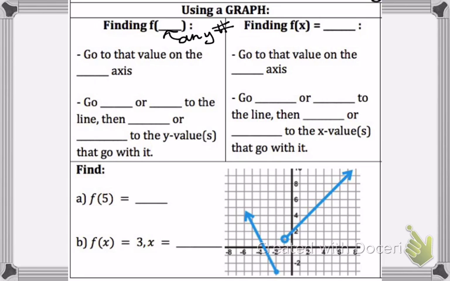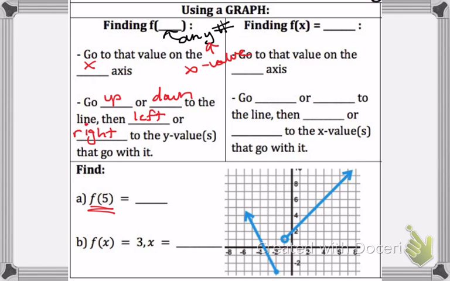My steps: we need to go to that value on the x-axis because this is an x value, and we're going to go up or down to the line, then left or right to the y values that go with it.